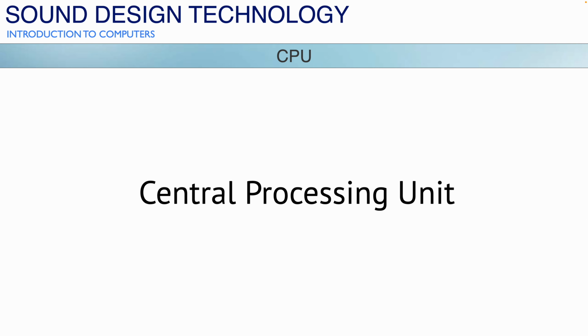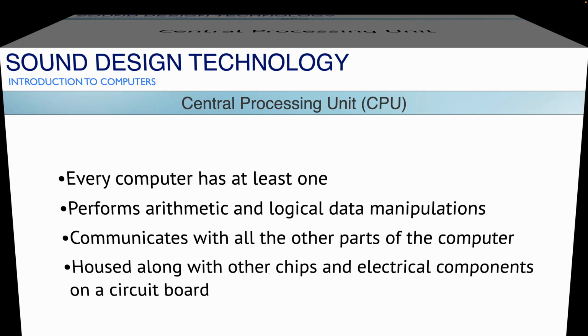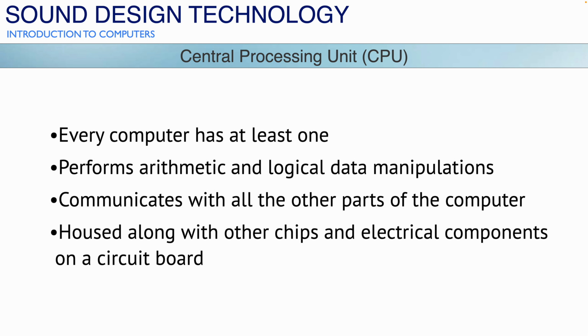So let's talk about the CPU, Central Processing Unit. Every computer has at least one of these, or it's not a computer. Can't be a computer without a CPU. The CPU performs math and logic operations, and it communicates with all the other parts of the computer. It sits along with a bunch of other chips on some kind of circuit board.